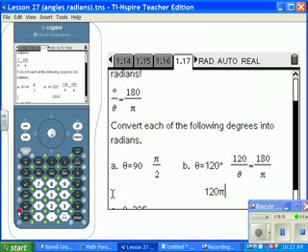Okay, so 120 pi equals 180 theta. Am I done? What do I do? What am I solving for? Say it louder. Theta. I'm solving for theta. So how do I get theta alone?